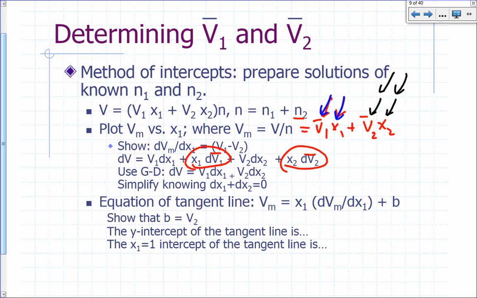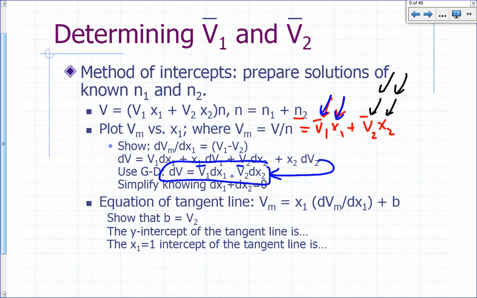So these two will cancel each other out, right? So V1 bar dx1 plus V2 bar dx2 will just be your dV. Okay, so once you have that, this expression simplifies to this.